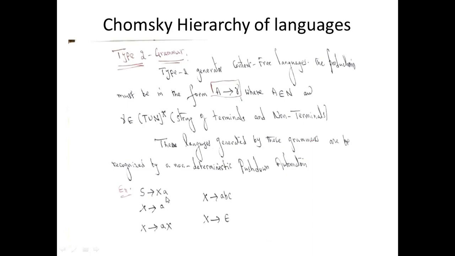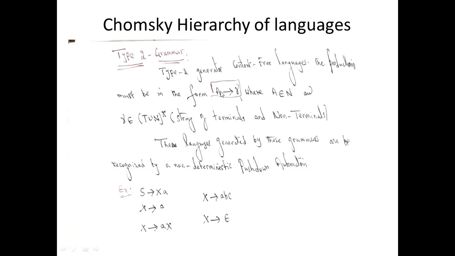S implies XA, or X implies A, X implies AX, X implies ABC, because we can use all terminals, or all non-terminals, or a group of terminals as well as non-terminals. So type 2 grammar is context-free grammar, which produces context-free language.